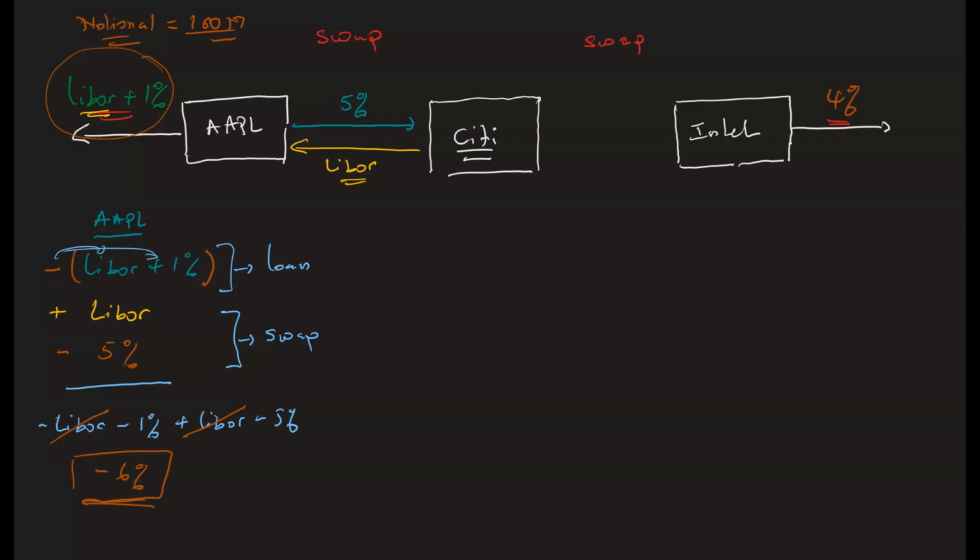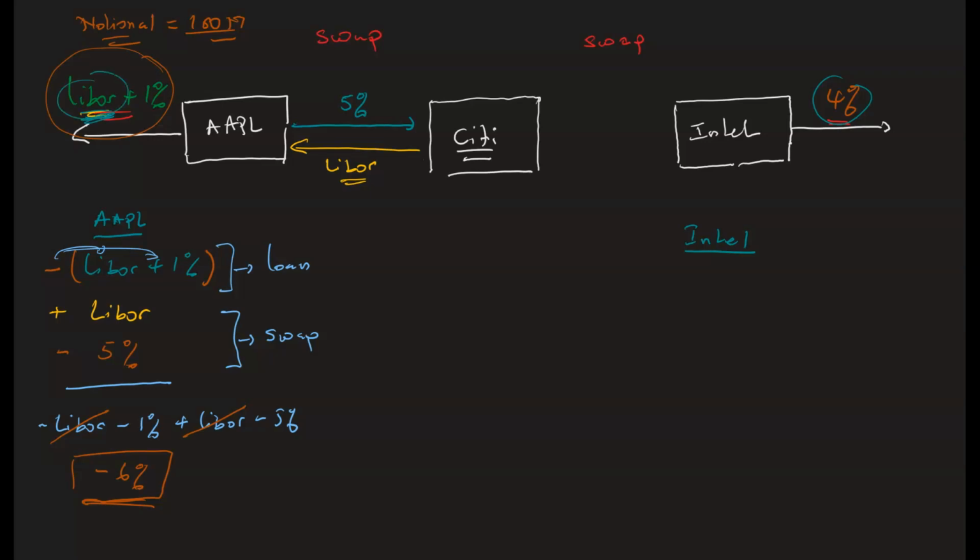And let's look at that for a second. Intel, on the other hand, is going to have the following. Let's say Intel has a fixed rate that they don't quite like. They want a variable rate. What does that mean?